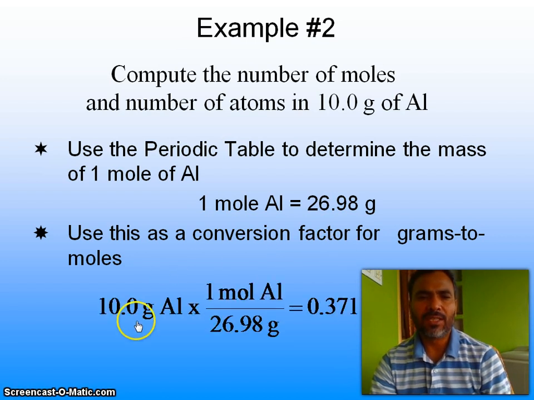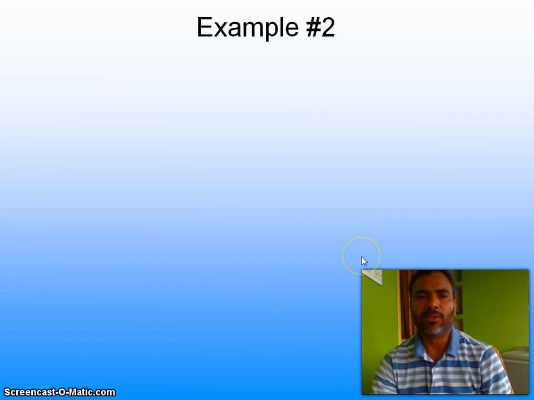So 10.0 grams aluminum times 1 mole aluminum divided by 26.98 grams. The grams will cancel out, and you will get the answer in moles of aluminum.